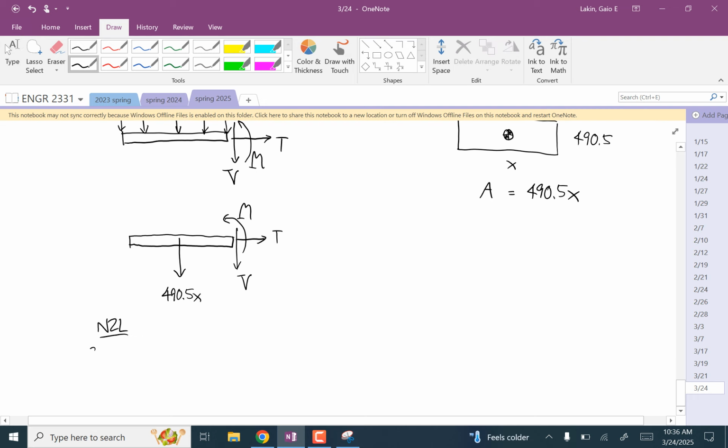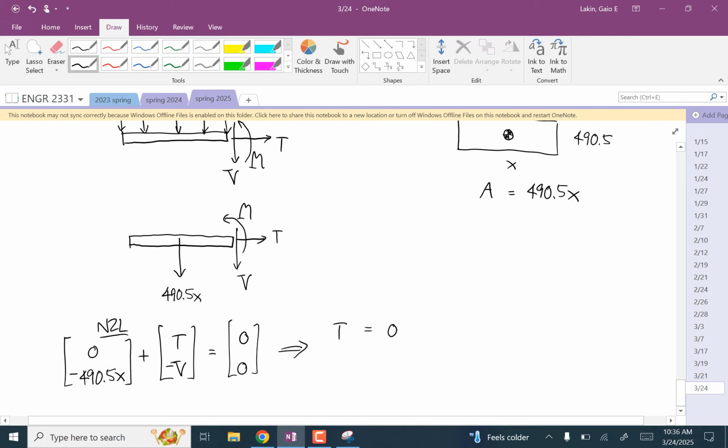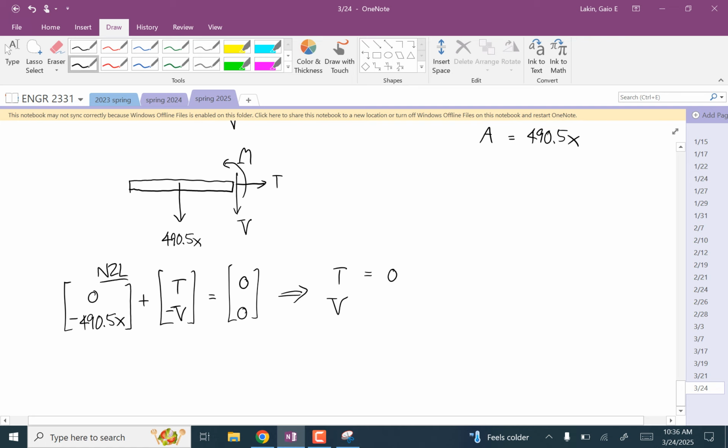Newton's second law says 0 equals negative 490.5 x plus T, negative V, is equal to zero. So T is 0. V is negative 490.5 x.